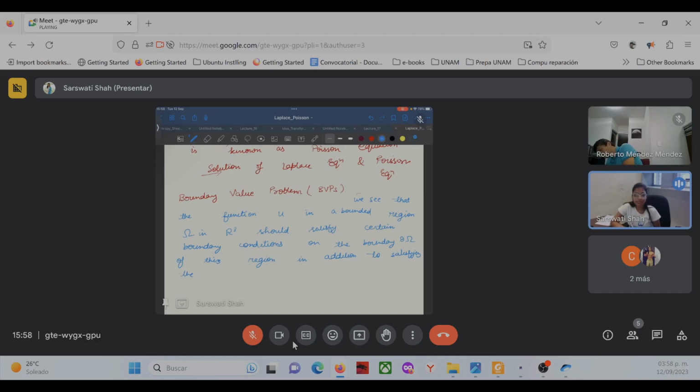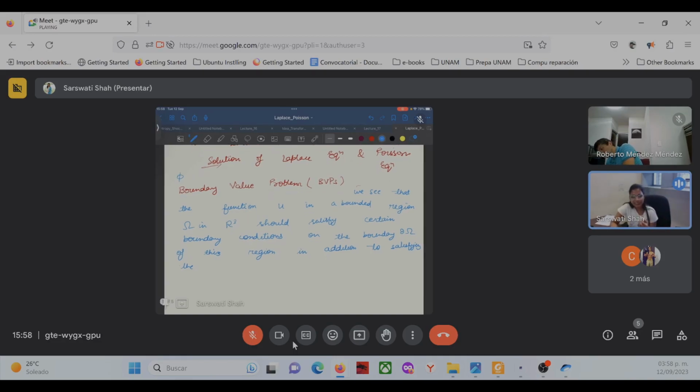to get a unique solution of this given Laplace and Poisson equation, we need some extra condition. So if you say that this phi is a solution of the Laplace equation, then we need some extra condition to prove that this is the unique solution of the given Laplace or Poisson equation.